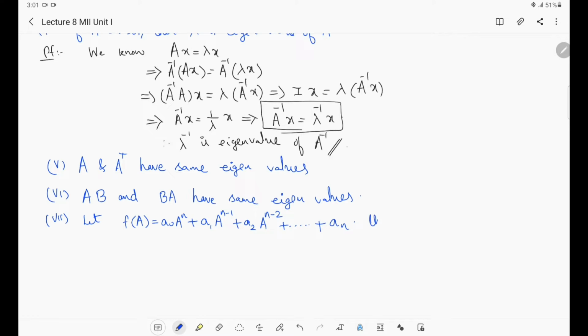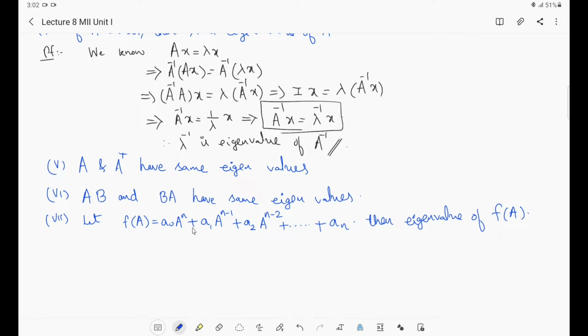Then the eigenvalue of f of A. Actually, what is f of A? Here A is a matrix, then A power n will be a matrix, a naught into A power n will be a matrix, A power n minus 1 will be a matrix, a1 into A power n minus 1 will be a matrix. Like that, all these are matrices and the sum of this is also a matrix. The meaning is f of A is a matrix, right? Then what will be the eigenvalue of f of A?